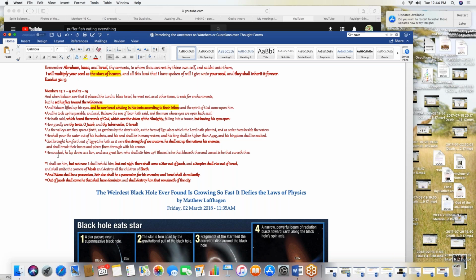Listen, he couched, he lay down as a lion. Now, a lion is symbolic of the sun or solar energy. And as a great lion, something that is greater than the sun.